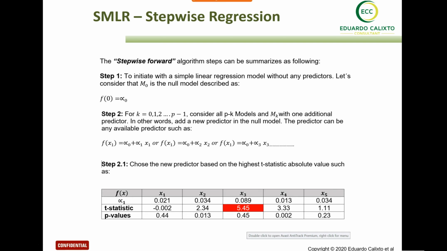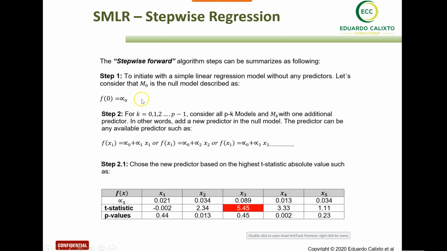So the first step is to consider all the predictors. Then we start with one very simple linear model, and then we start to add the predictors one by one, and we want to find these values, these parameters in here.